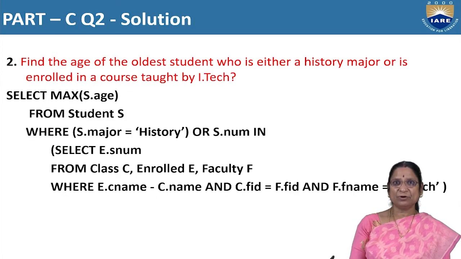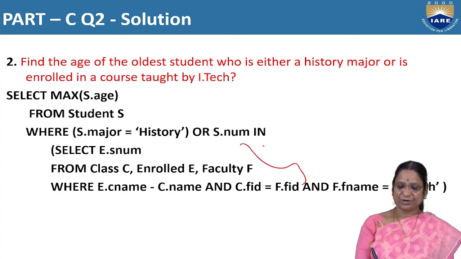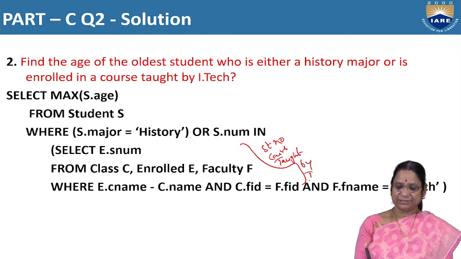So with this, the inner query first provides us all student numbers who registered for the courses taught by this faculty I teach.